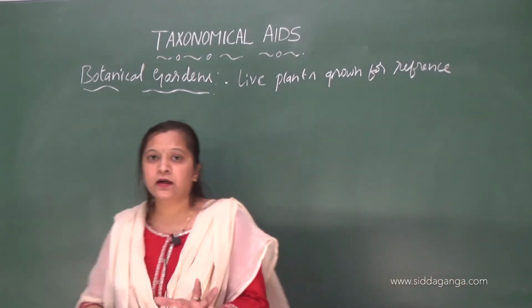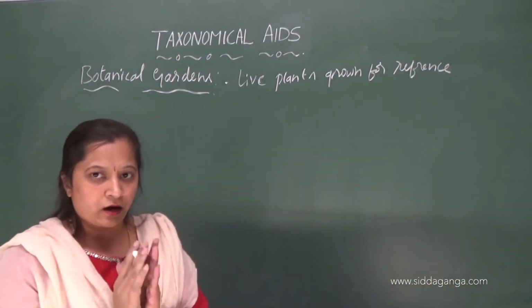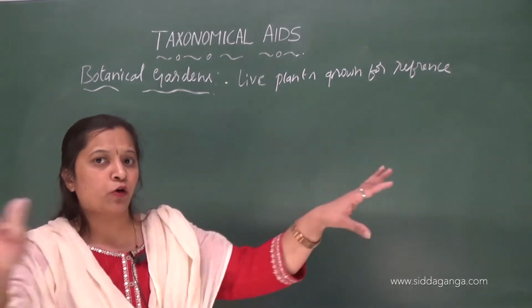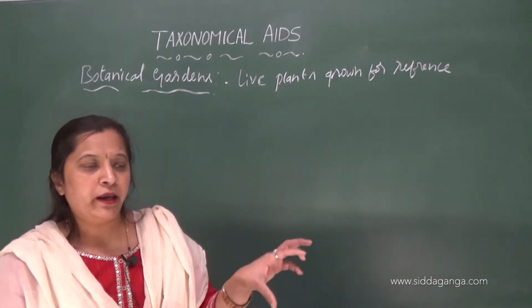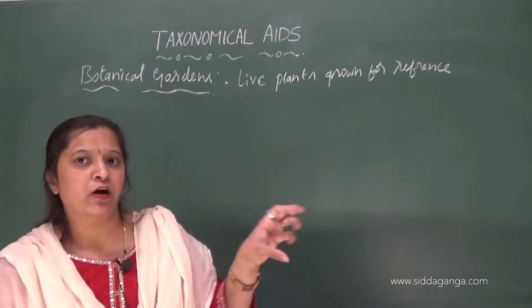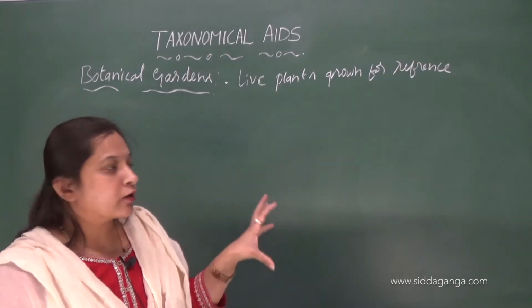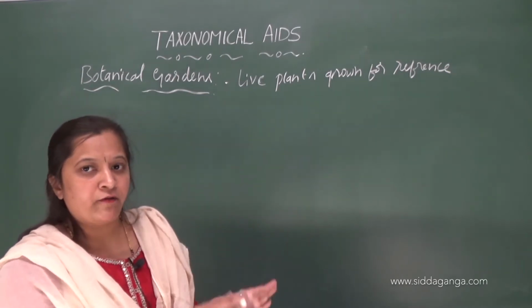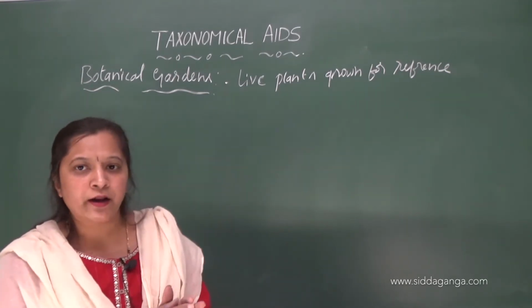Botanical gardens are specialized gardens, an enclosed area of land where different types of plants collected from different places are grown. We call it a botanical garden.